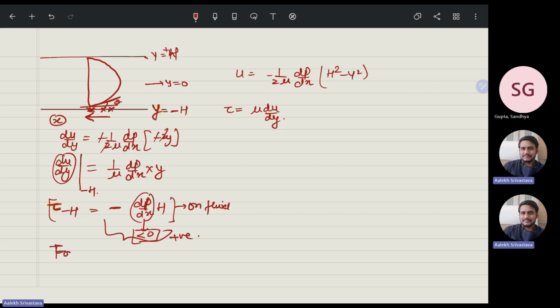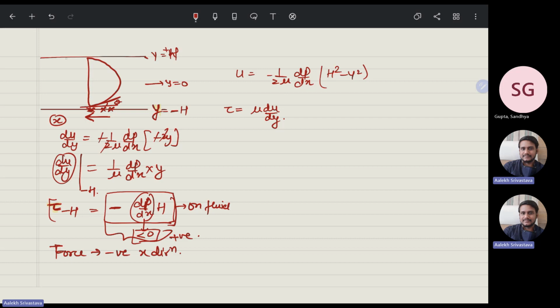Therefore, the force you need to apply should be in the negative x direction. Why is that? Because this whole term is a positive quantity. That means the fluid is trying to drag the plate to the right, but you need to hold the plate in the backward direction.